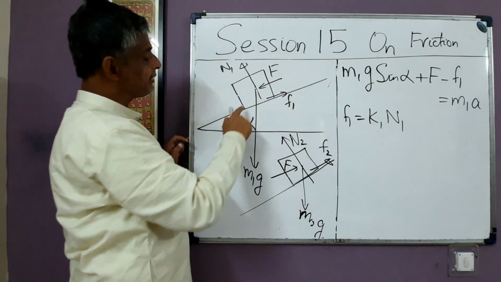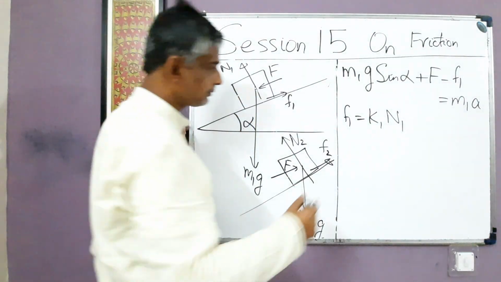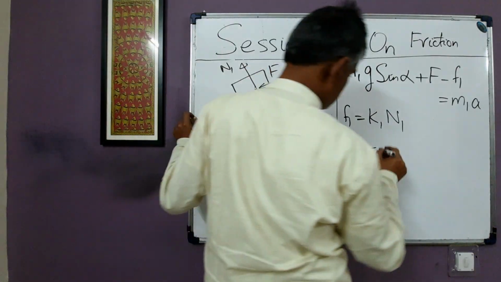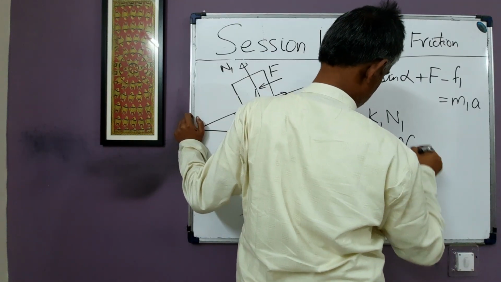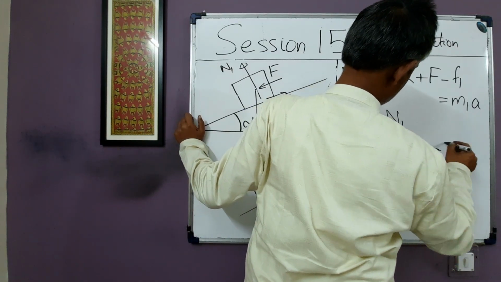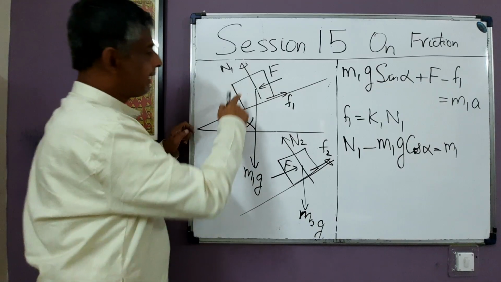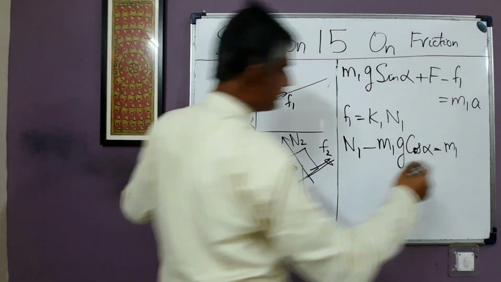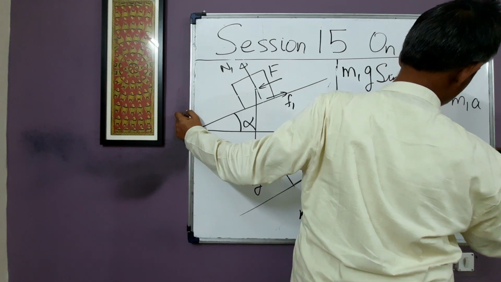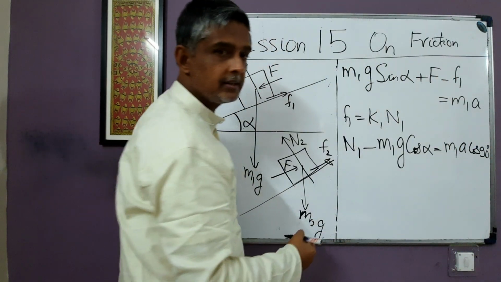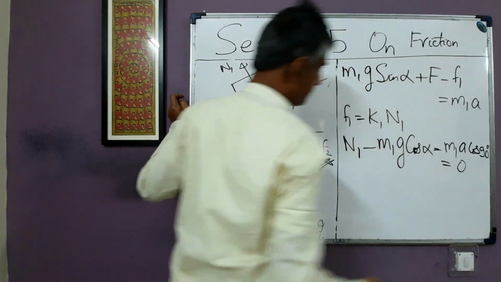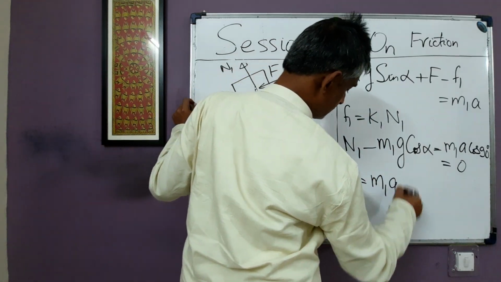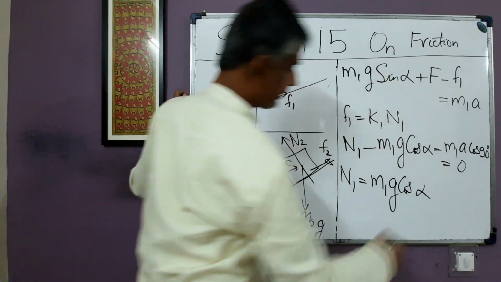So N1 minus m1g cos alpha is equal to m1 into the acceleration of this block with respect to ground in this direction, which is simply a cos 90 degree. But a cos 90 degree is 0, so the right side becomes 0. If you solve this equation, N1 becomes m1g cos alpha.